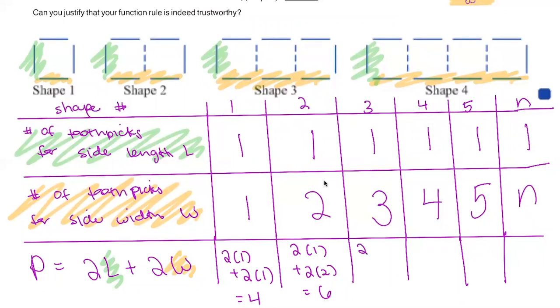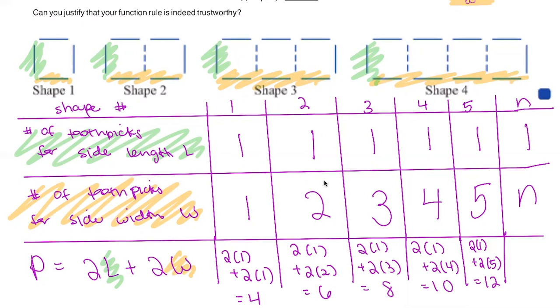It's 2 times the length, which is 1, plus 2 times the width, which is 3, which is equal to 8, which is solid. Now it's 2 times 1 plus 2 times 4, and that's 10. 2 times 1 plus 2 times 5, which is 12. These numbers look consistent to what we got with the inside versus outside only for the toothpicks.